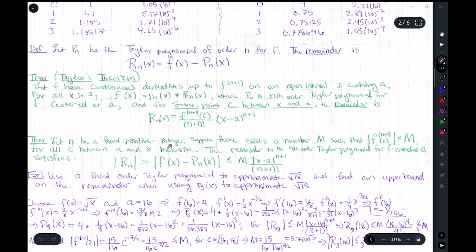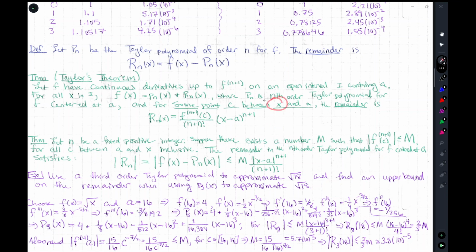So why Taylor's theorem is important is because we actually could ground what we're missing by approximating with a Taylor polynomial. Okay, there is a remainder. In that remainder, here we have a concrete expression of what the remainder is. And for some point c, now Taylor's theorem doesn't specify how to find c, but it does tell us that for some point c between x and a, x is where you want to evaluate the function or Taylor polynomial.